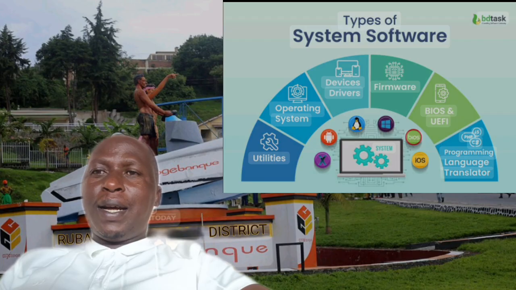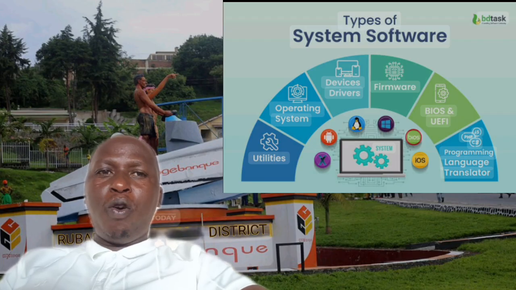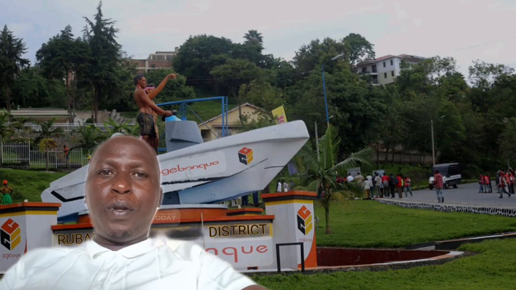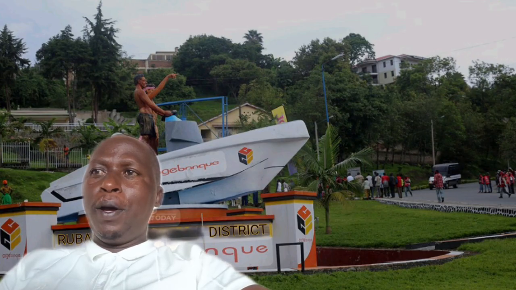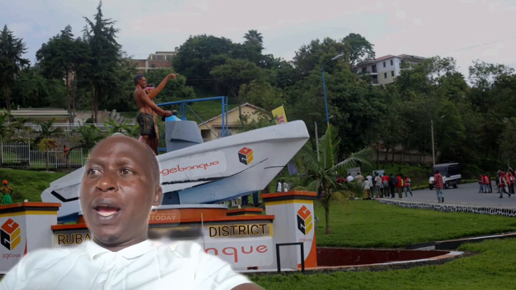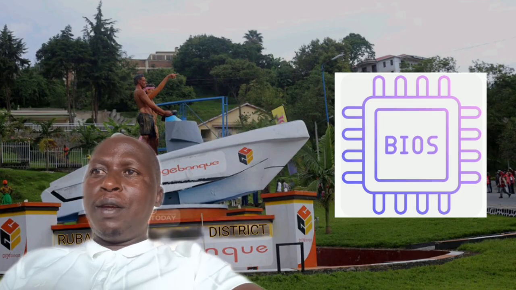Let's move on to the next class of system software. We have another category of software known as firmware. Remember that a computer has a read-only memory where some programs or information are permanently stored. For example, there is software known as BIOS.